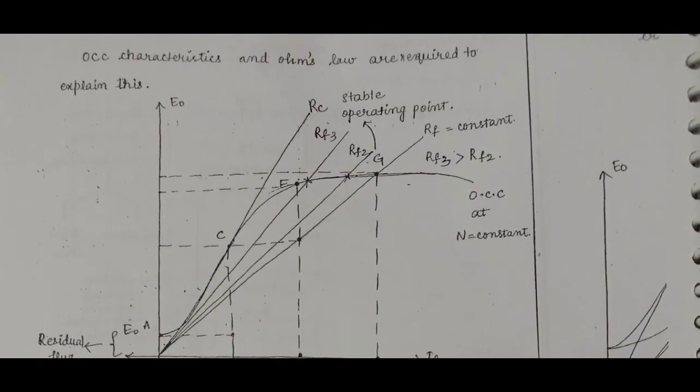See here the OCC curve. OCC means open circuit characteristics. It is a curve drawn between the EG and IF, and RF is the constant resistance. If the RF value is increased from RF1 to RF2, the line still cuts the OCC curve.